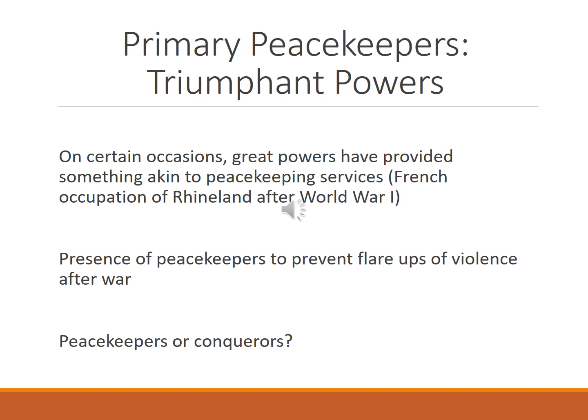Many people don't realize this, but part of the Treaty of Versailles was Germany agreeing to have French, for lack of a better word, occupation forces serve as peacekeepers in the Rhineland, that western strip of Germany, after the end of World War I. The objective here was to prevent flare-ups of violence in areas bordering the French frontier that could possibly lead to the reinitiation of hostilities.